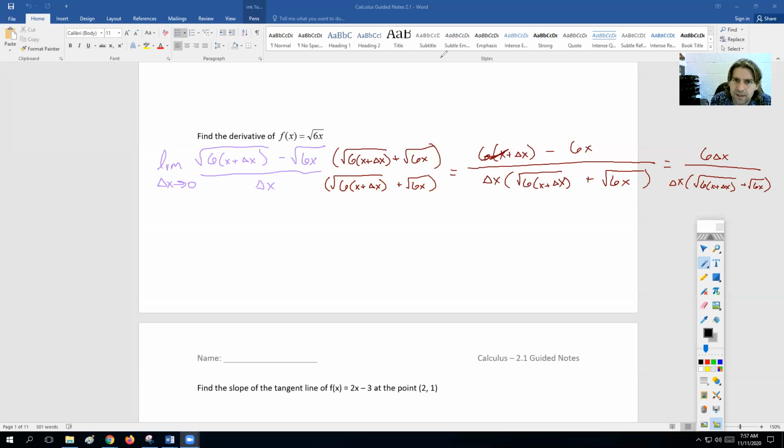Okay, so if we keep looking, we've done problems like this before. Our delta x's cancel, and really we have the limit as delta x approaches 0 of 6 over radical 6 times x plus delta x plus radical 6x.